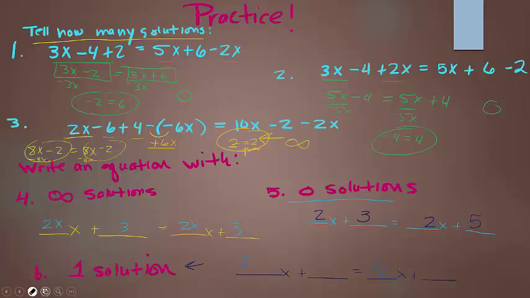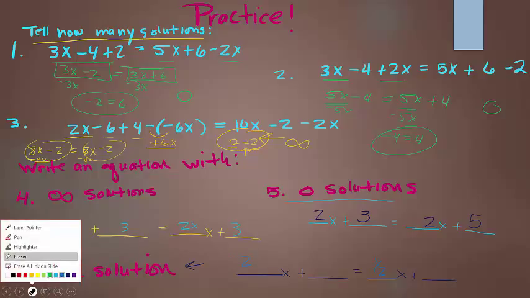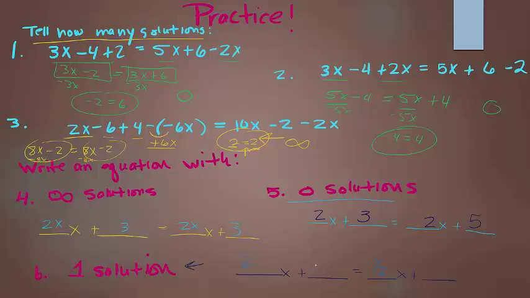So 2x, and then my y-intercept, I could choose whatever I want for those. 2x plus 3 and 1/2 x minus 8. It doesn't matter if it's positives or negatives here. So we have 2 different lines here that will cross in exactly one point. This will have one solution.